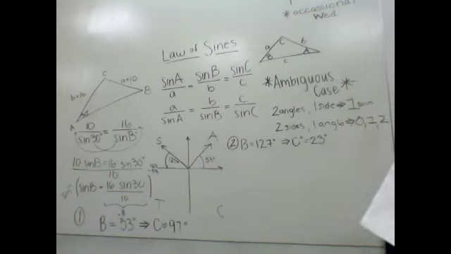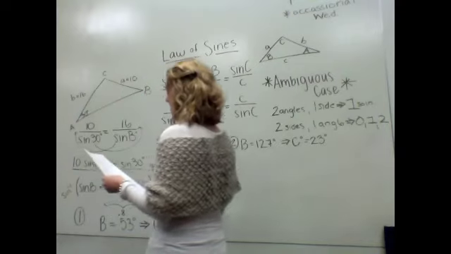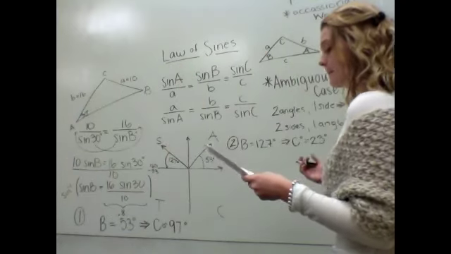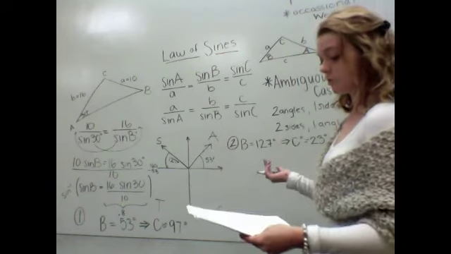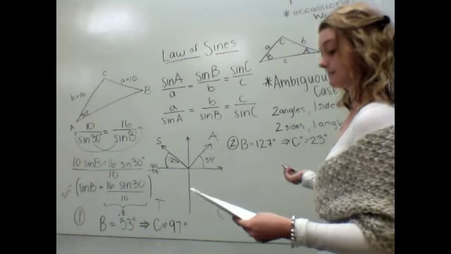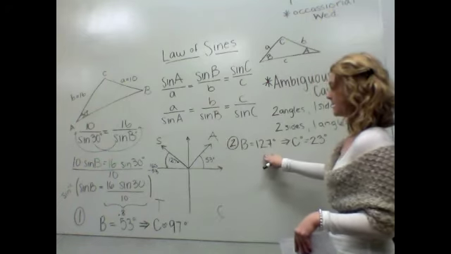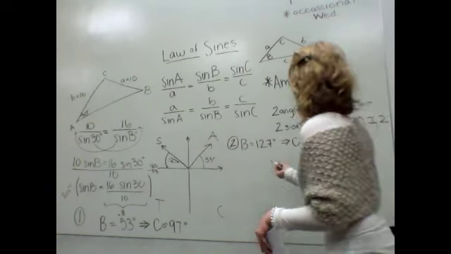These are my multiple cases for angles, but I'm still missing the length of side c. So I'm going to have to do what I've been doing and solve for that. You're going to solve as you normally would, and you're going to check and make sure your ratios are all accurate. Okay? Just to prove that my ratios of B and A work, I'm going to point out those solutions.